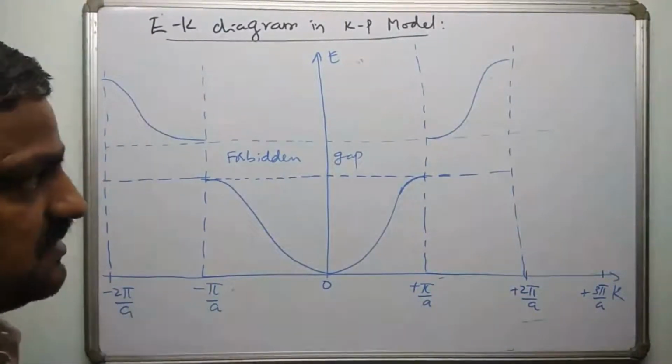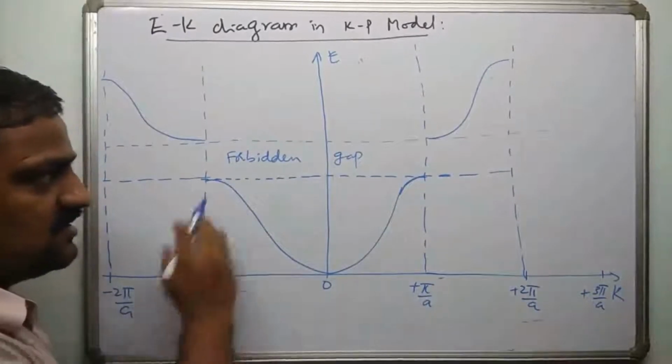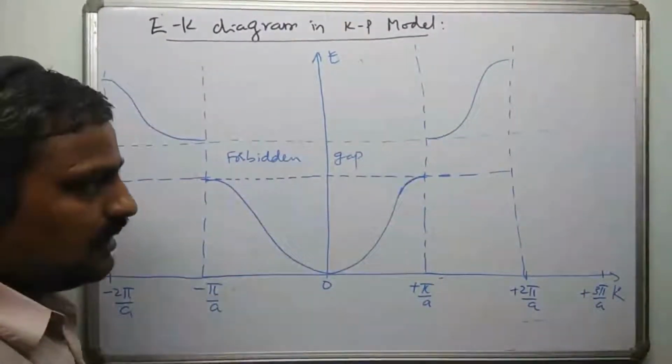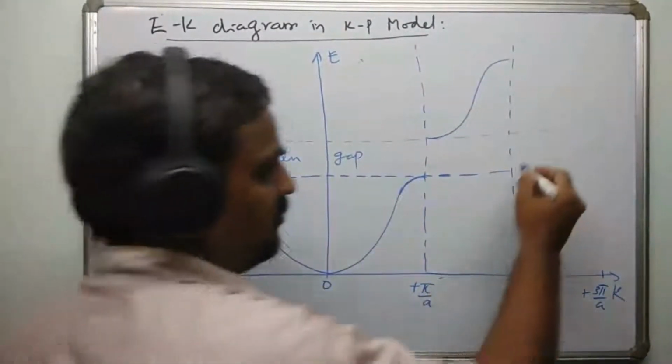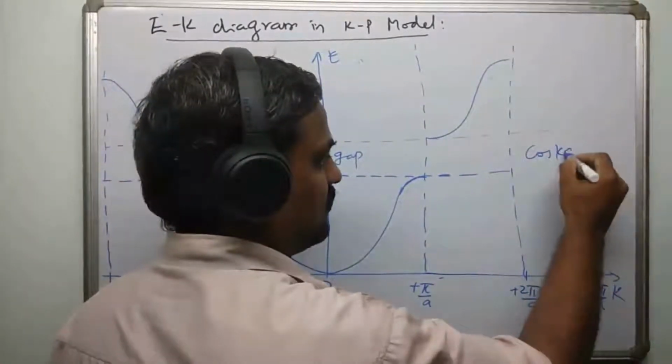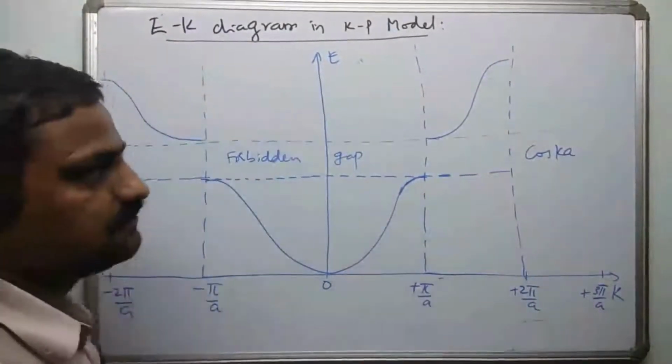So there is a scheme called the reduced zone scheme. These are different zones. Please recall that we have cos Ka on the right hand side of the equation.